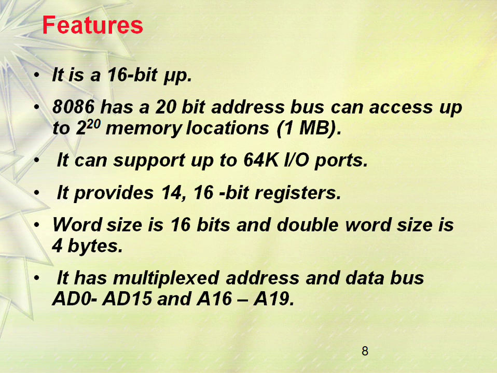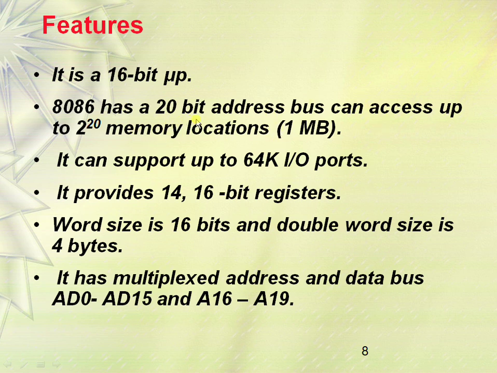A 16-bit microprocessor can carry out a maximum of 16-bit operations, so that is why it is called a 16-bit processor. Or else I can say that the capability of the ALU is 16-bit. It can only go with a maximum of 16-bit operations. And 8086 has a 20-bit address bus and can access up to 1 MB of memory.